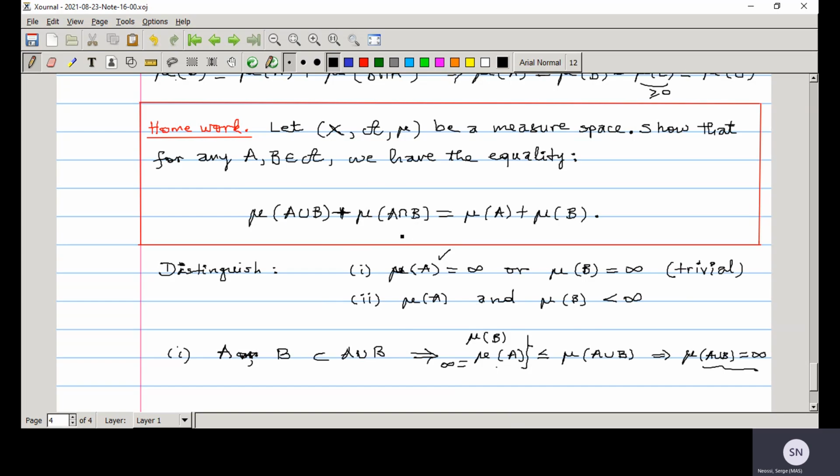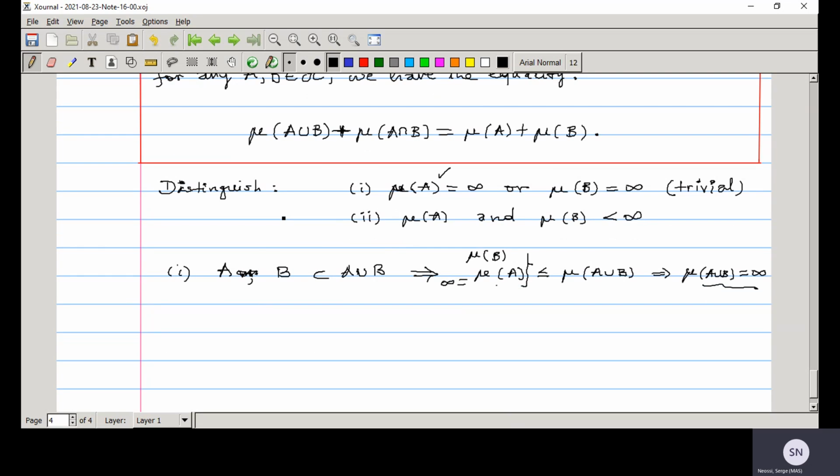In terms of the complements, right? I mean, the hint for this one, in the second case here, in the second case, right? So this is the hint.